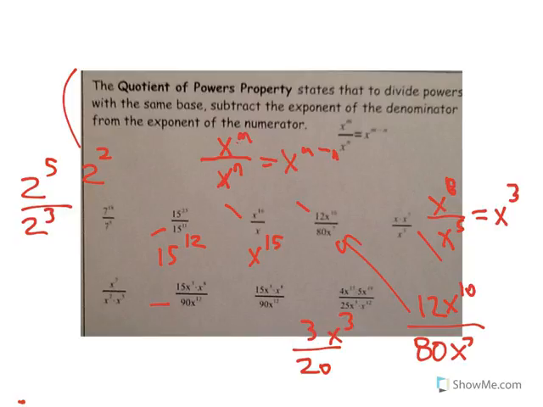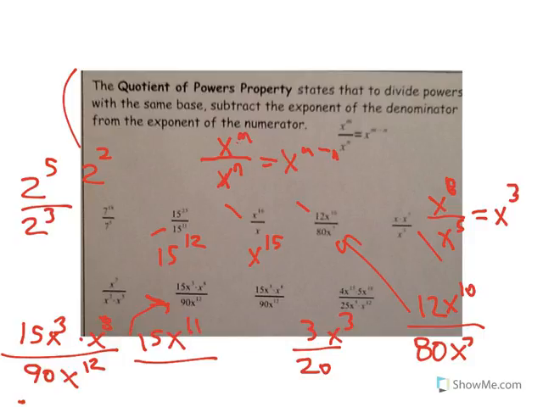Again, similar thing here. 15 x to the 3rd times x to the 8th over 90 times x to the 12th power. So we're going to go ahead and combine the ones on top first. That's going to end up being 15 x to the 11th power, and then 90 x to the 12th power.